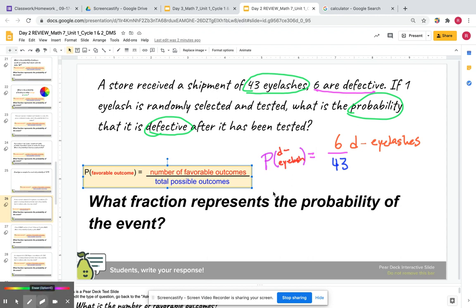Now, at this point, go ahead and convert this fraction to a decimal. Go ahead and convert it. Okay, I hope it did not take you too long to convert this. And once you divide 6 divided by 43, you should get a decimal. And that decimal is, just give me a second, I'm gonna double check I have it correct.